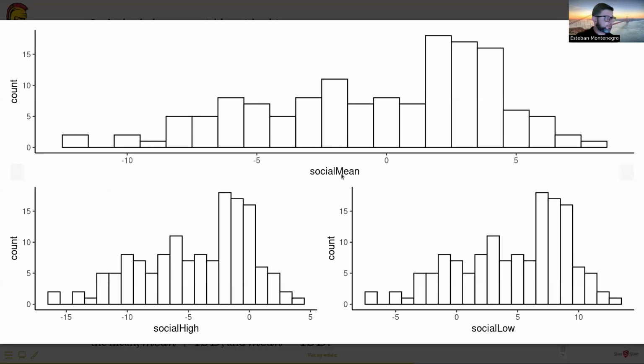So now we have three new variables, three new columns. Social mean represents when people are close to the mean. Social high represents when people are high on social support. And social low represents when people are low on social support, right?